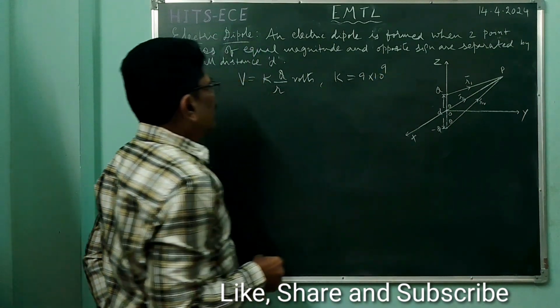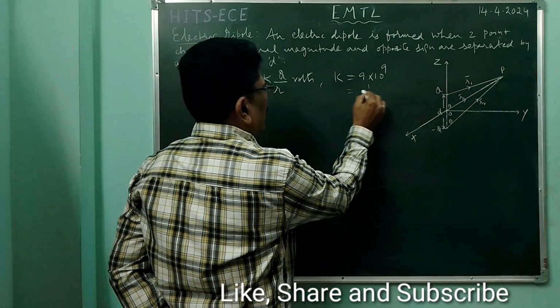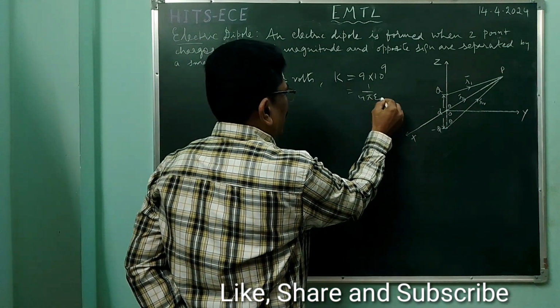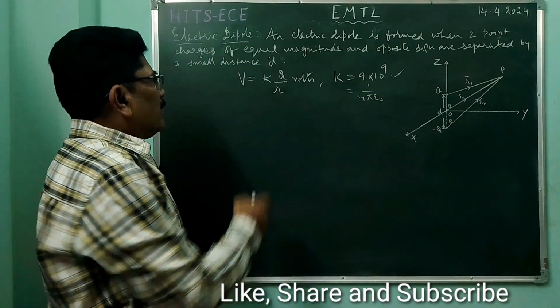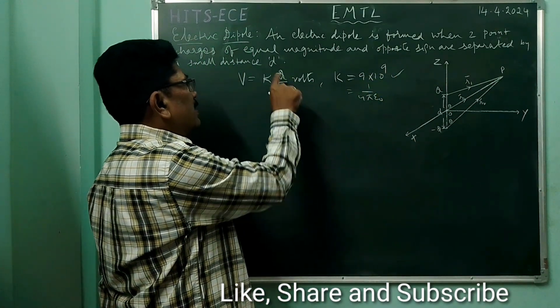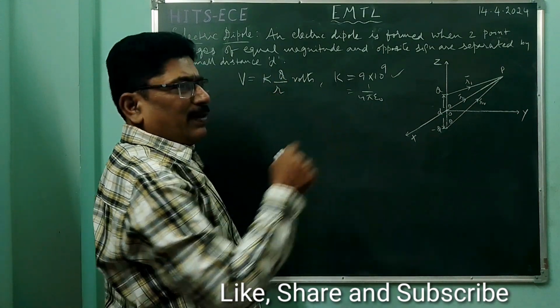It is a constant. It is nothing but 1 by 4 pi epsilon naught. If you substitute the values, you will get this value. And Q is the point charge and R is the distance between Q and the given point.